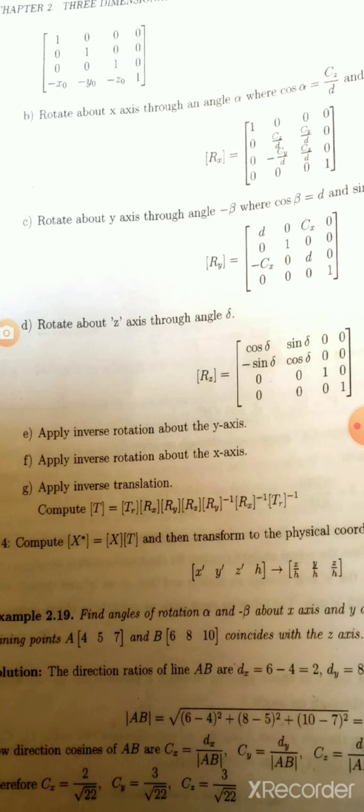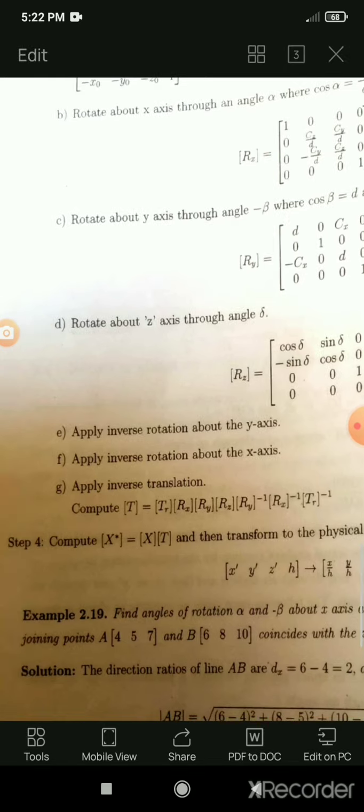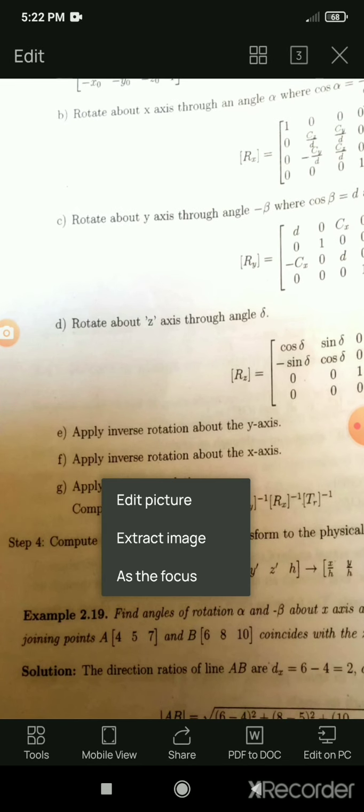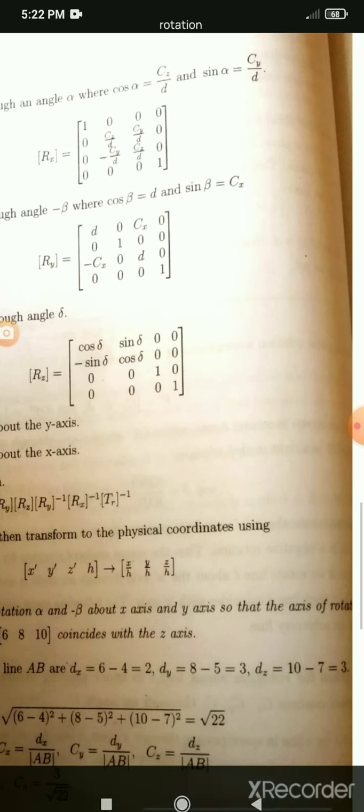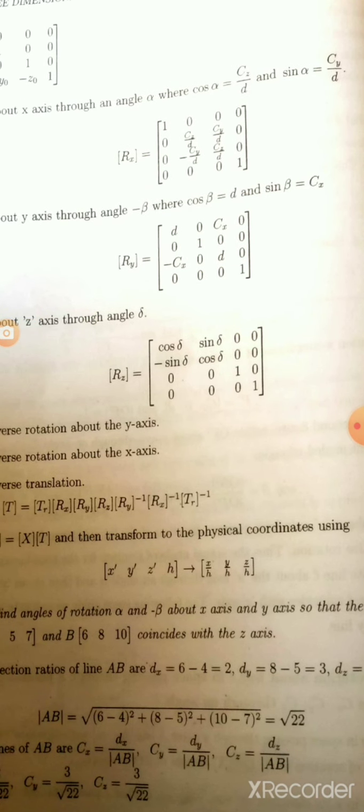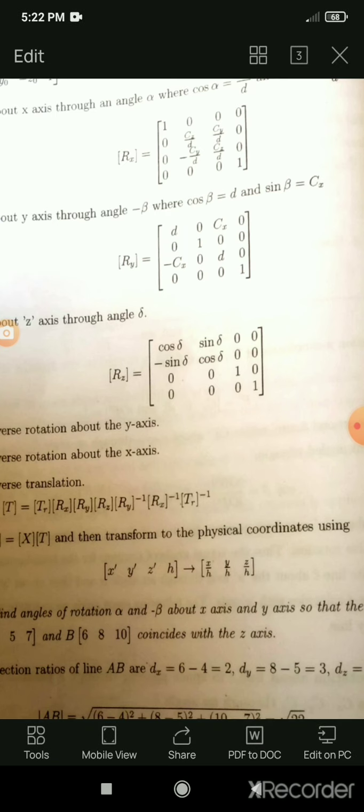Now step 4 is to compute X star equals X times T, and then transform to the physical coordinates using x dash, y dash, z dash, h, transformed to x upon h, y upon h, z upon h.